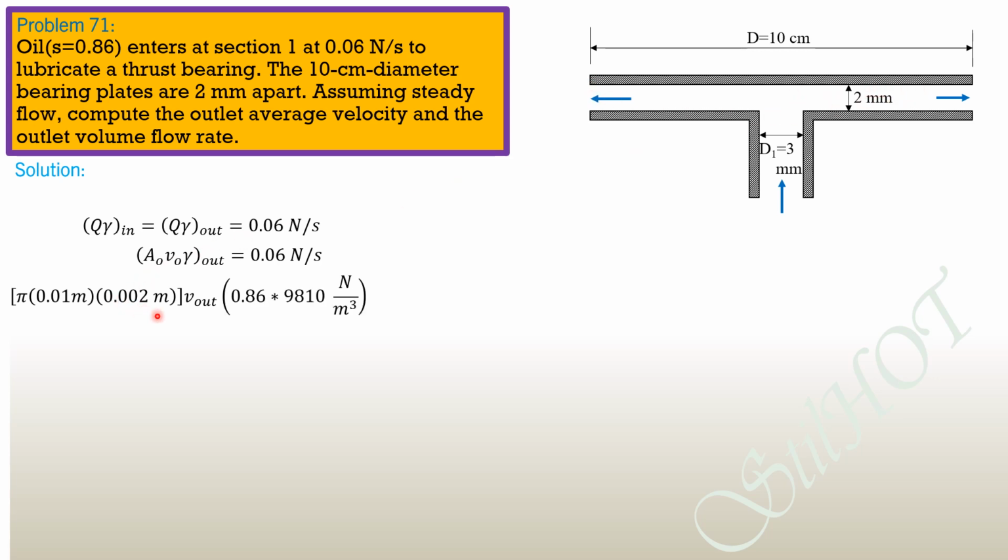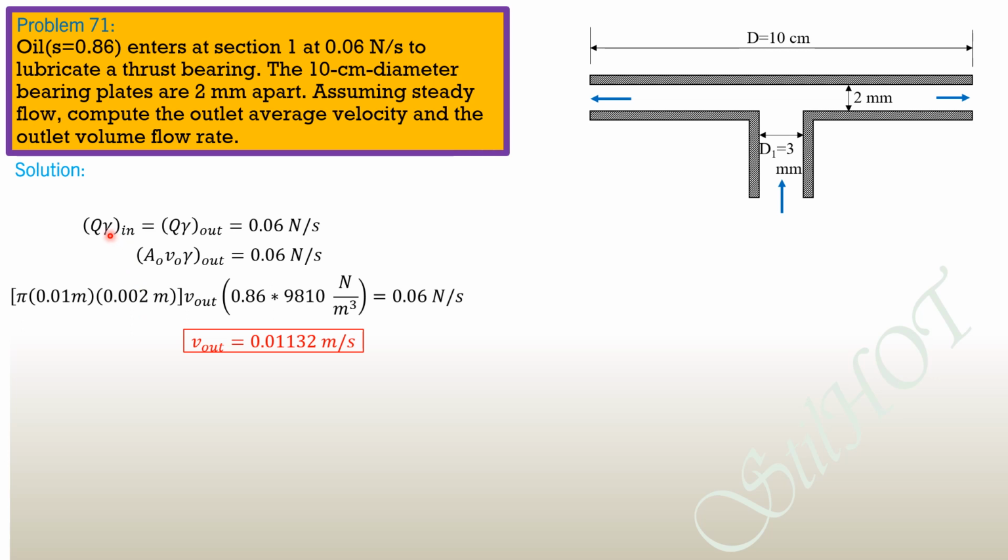Thickness 0.002 times average outlet velocity. Specific weight of oil is 0.86 specific gravity times specific weight of water 9810 newtons per cubic meter equals 0.06 newtons per second. So from here we can compute the outlet average velocity, and it is equal to 0.01132 meter per second.